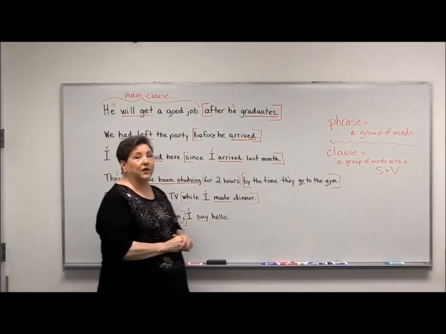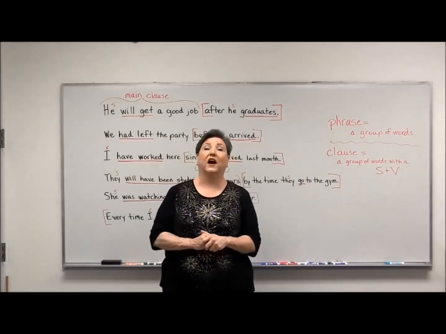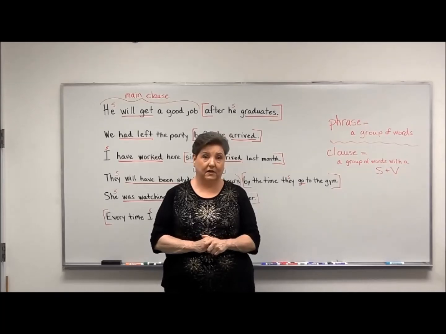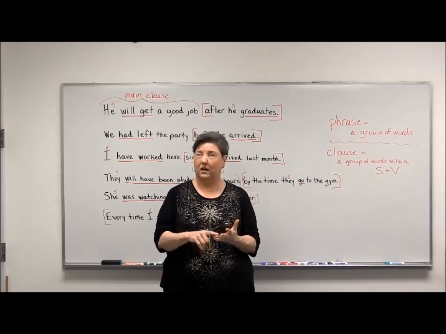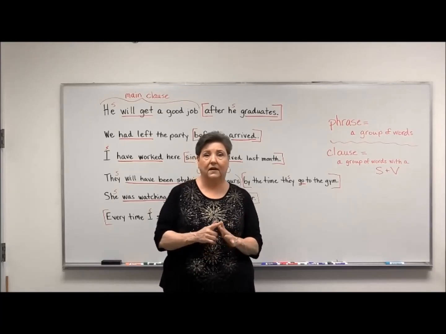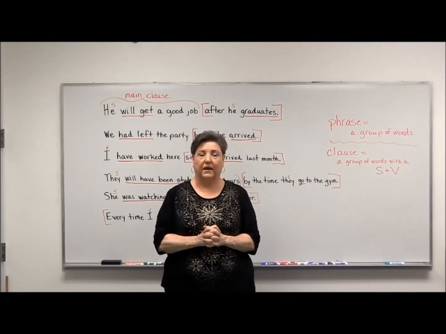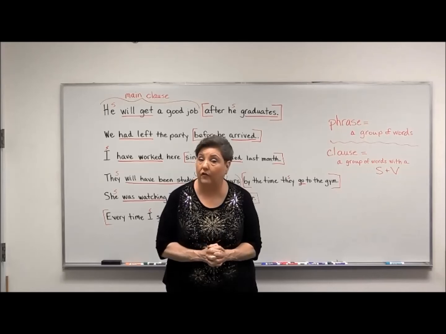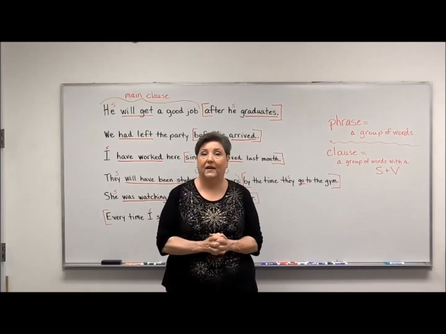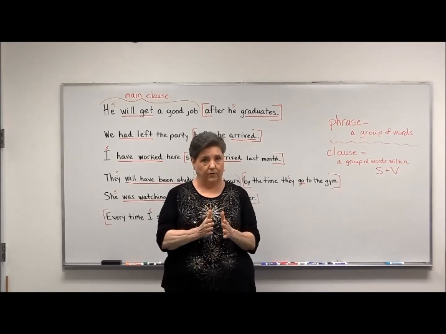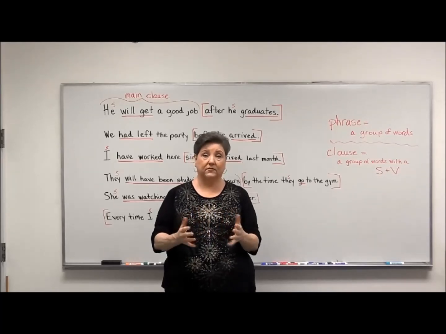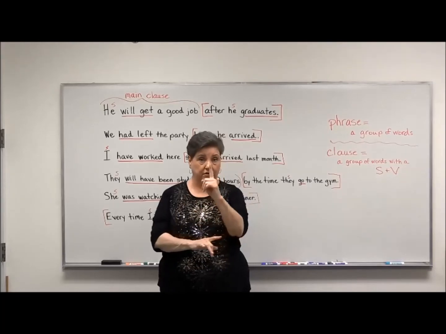So now you've learned what a clause is. There are different kinds of clauses in English. There are if clauses, and they come next, and then there's noun clauses and adjective clauses. Lots of clauses. But every time you see the word clause, what is it? It's a group of words with its own subject and verb. And with time clauses and if clauses, you can switch them. So here's the rule.